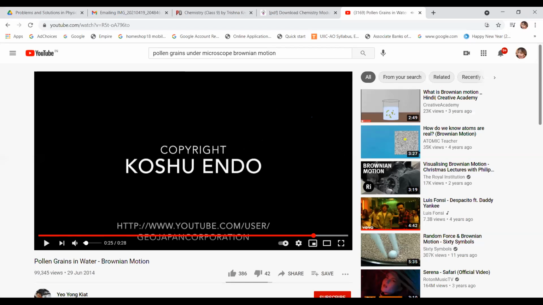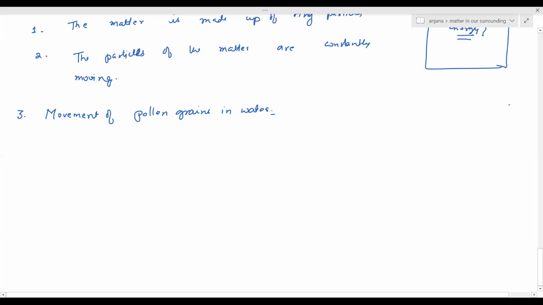Particles are moving here. Those small particles under the microscope were your pollen grains.